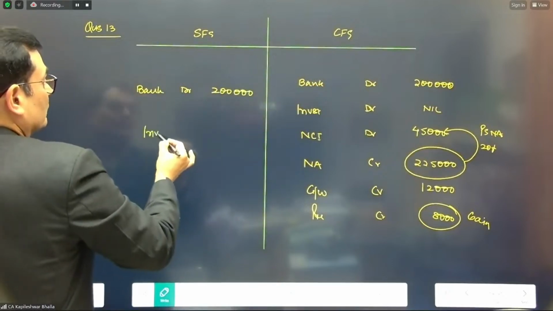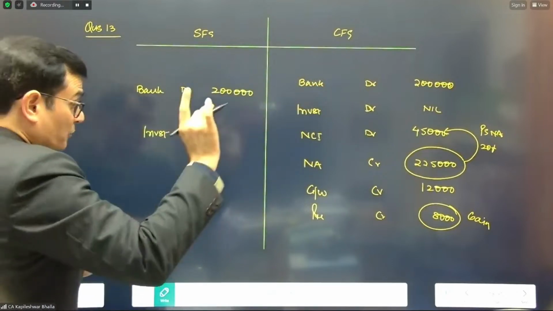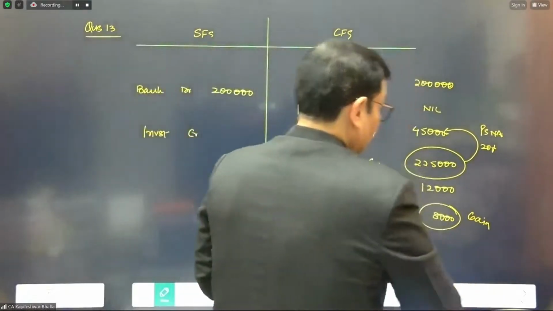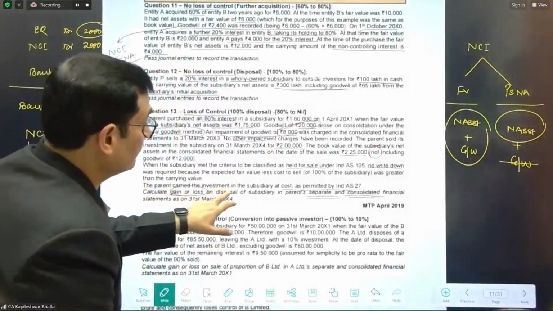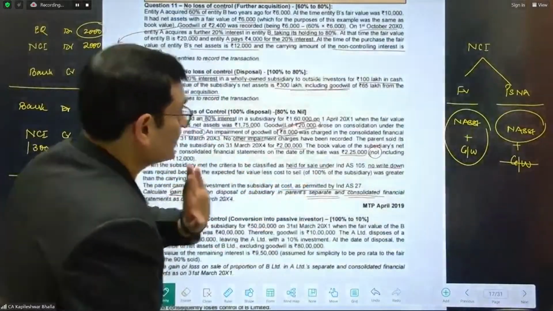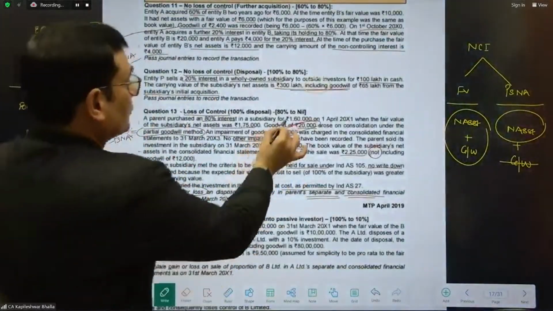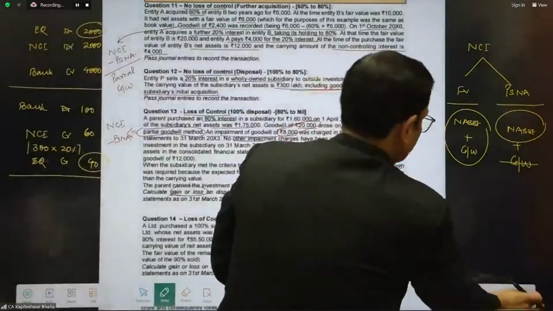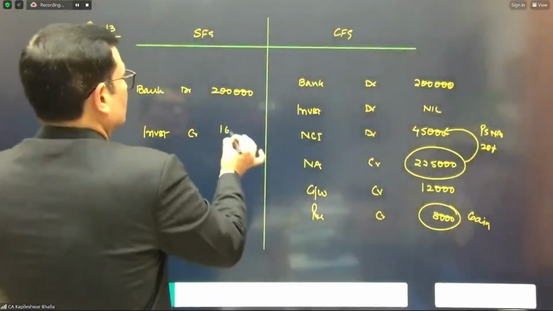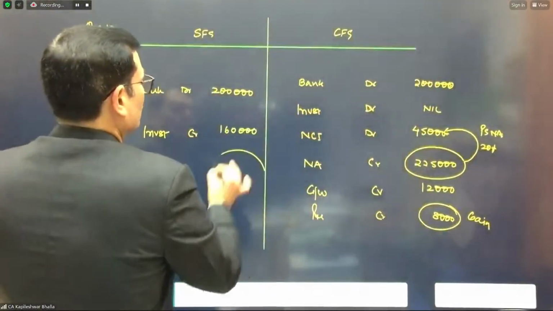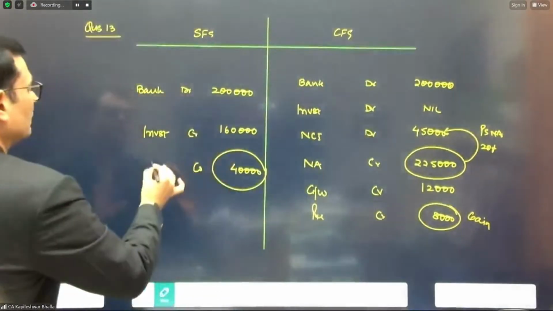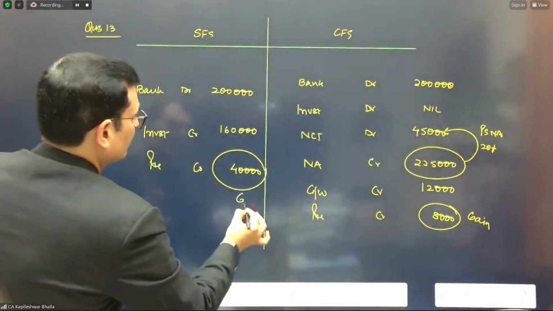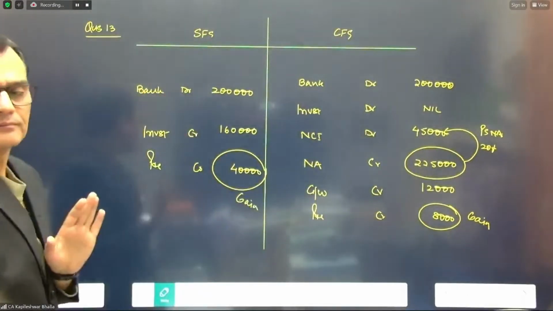The investment gets a credit at the book value, which was the original cost of acquisition. He's very clear. He said the parent carried the investment in the subsidiary at cost under Ind AS 27. So this is 160. So we know that this investment was appearing at 160. So we get a balancing figure 40,000 in this entry, which will be taken to the P&L. That is a gain on disposal.